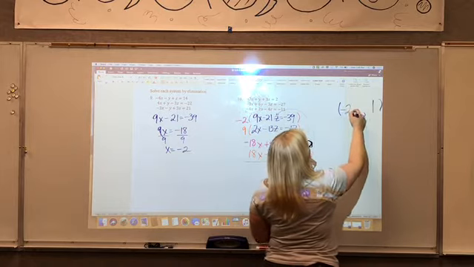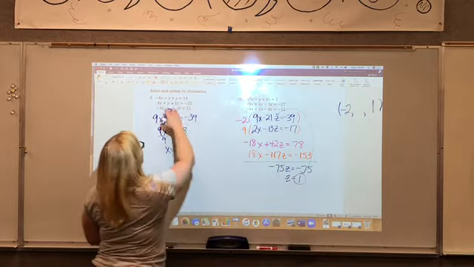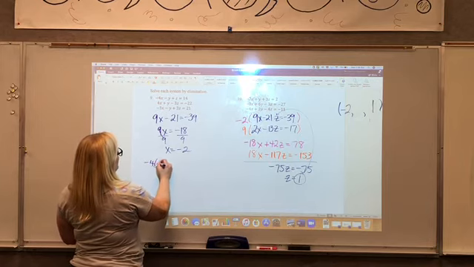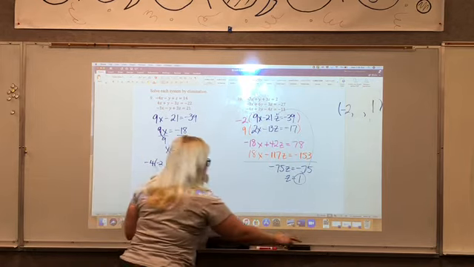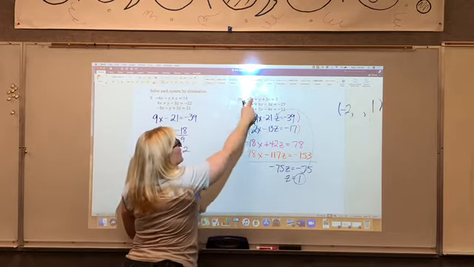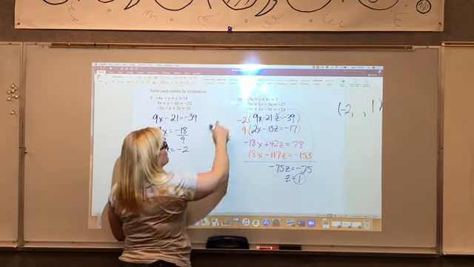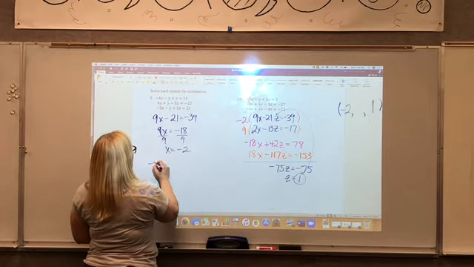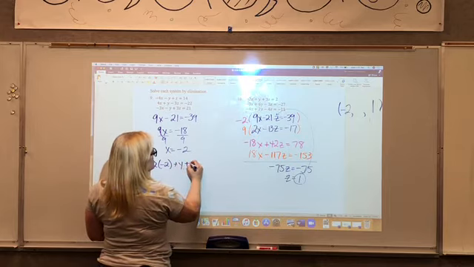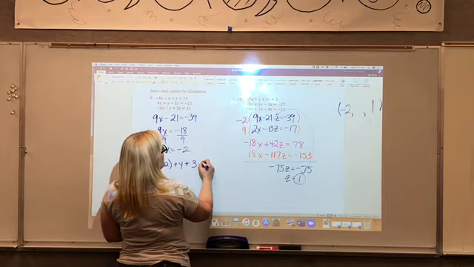And now I just plug in x and z into one of my originals, and I'll get y. So negative 4 times negative 2, oops, look at that, I did it again. One of these, because we're doing number 10, negative 2 times negative 2 plus y plus 3 times 1 is 3.